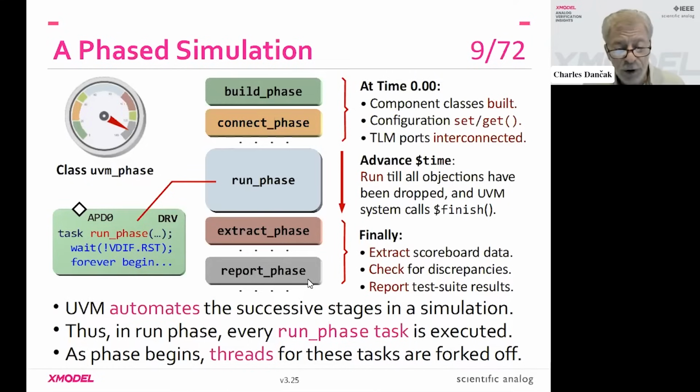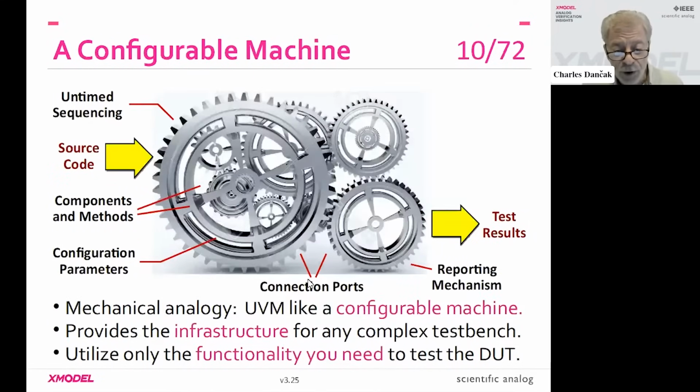So all of this machinery is built into the UVM base classes. So I like to think of a UVM test bench as a very intricate but highly configurable machine. All we have to do is write the necessary source code, like our customized driver and monitor and so on, and print out the test results.